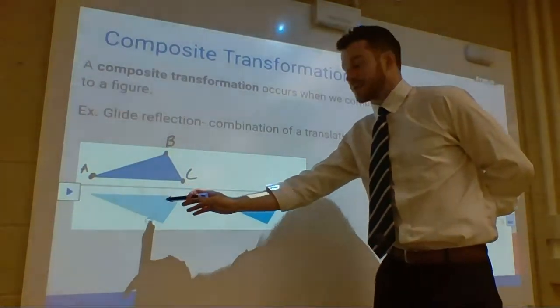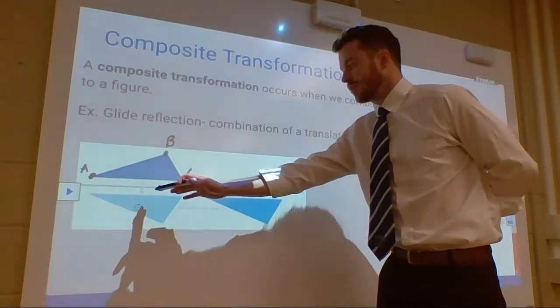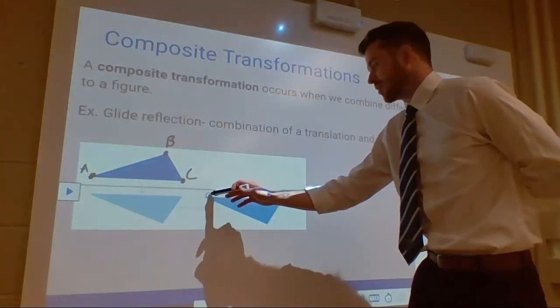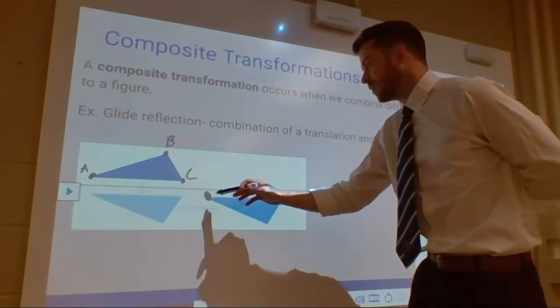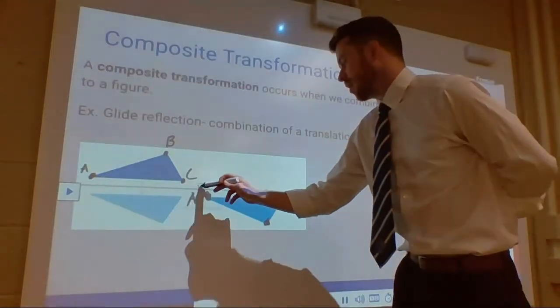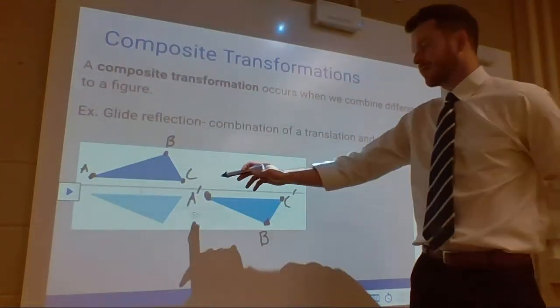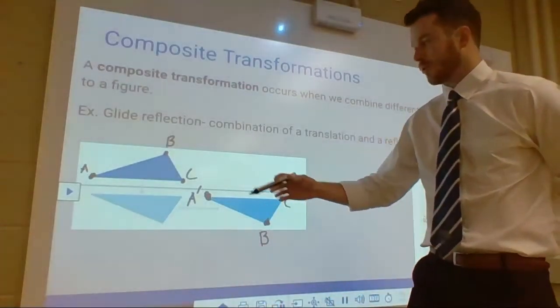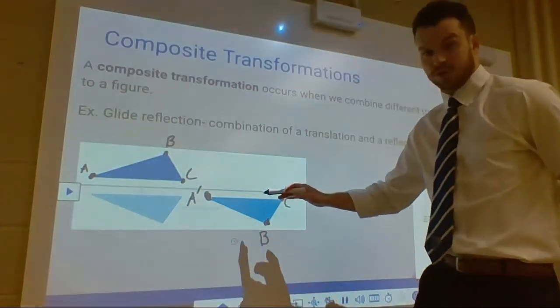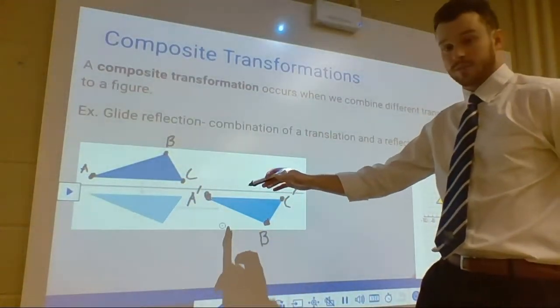Now you can kind of see this middle ground here after the reflection, but the final transformation, which would be A prime, B prime, C prime, that's the final result. Okay, so you have your reflection and then your translation, and then there's your image.